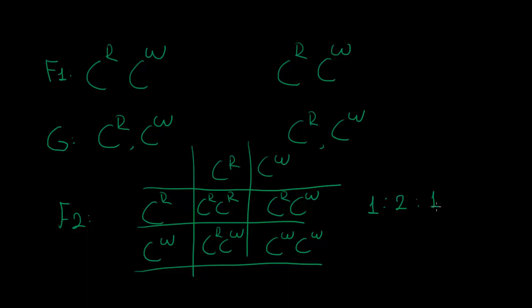The difference here in codominance compared with a simple monohybrid cross is that the phenotype ratio when we cross heterozygous parents is 1 to 2 to 1, but in normal monohybrid crosses the phenotype ratio is 3 to 1. So by looking at the ratio, you can figure out if a cross is a normal monohybrid or if it's a monohybrid that involves codominance.